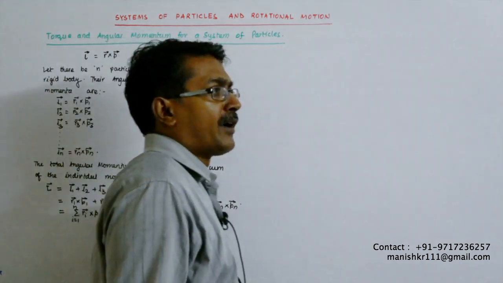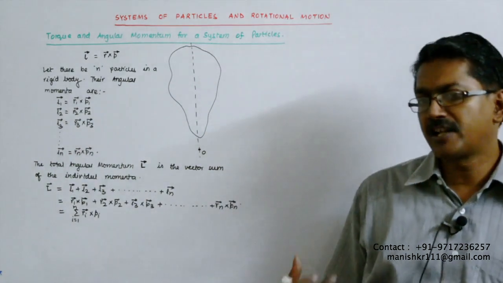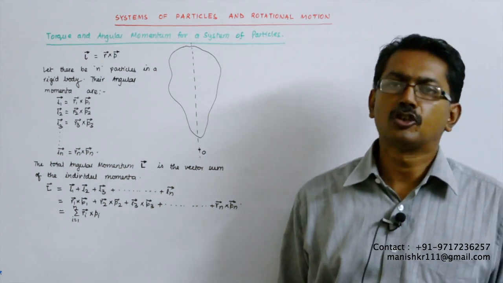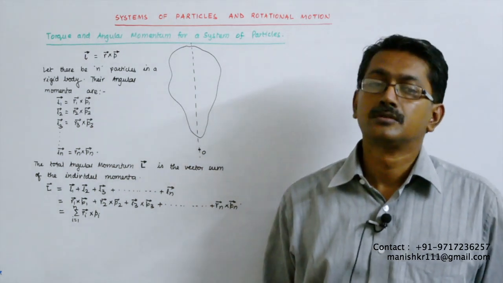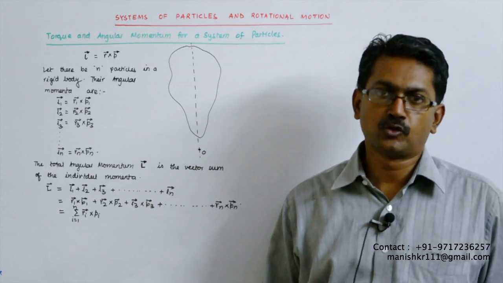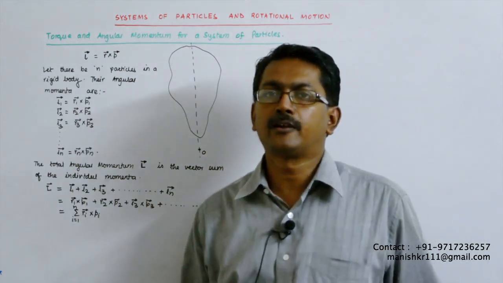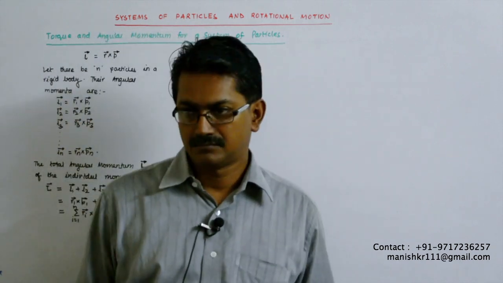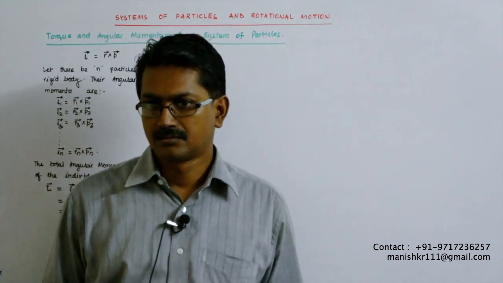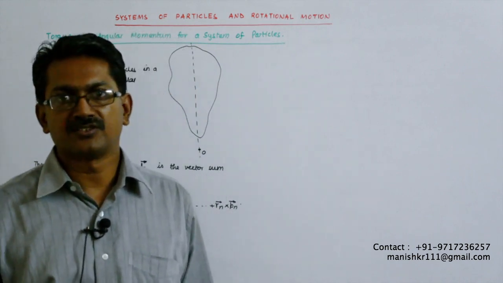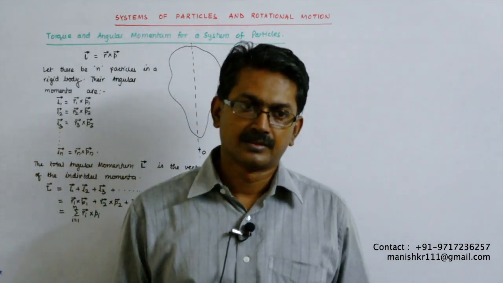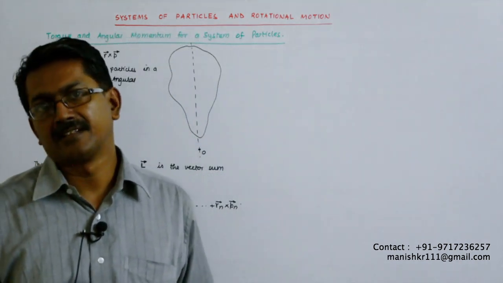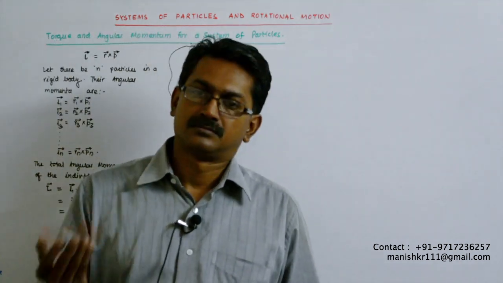Now if I want to find the rate of change of angular momentum, whenever I say rate, it is normally with respect to time. Power is the rate of doing work, the work done per unit time. Velocity is the rate of change of displacement, change of displacement upon time. Acceleration is the rate of change of velocity.